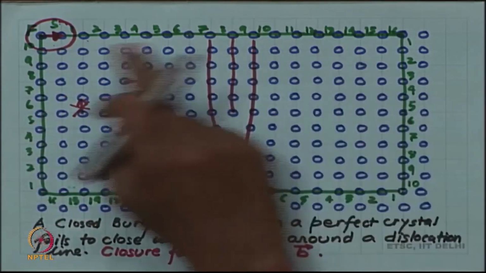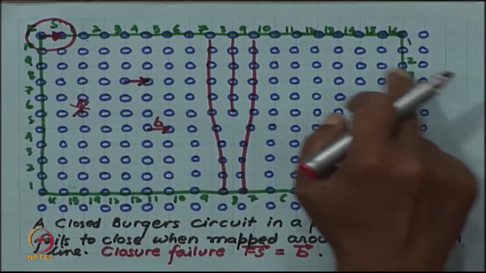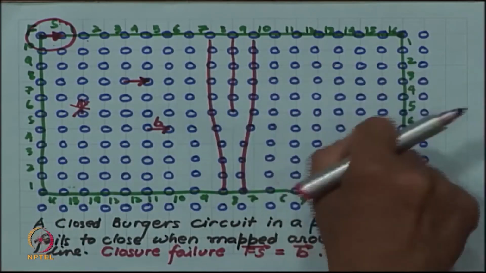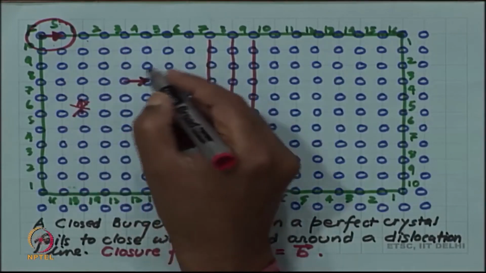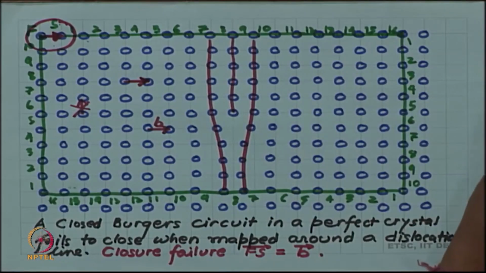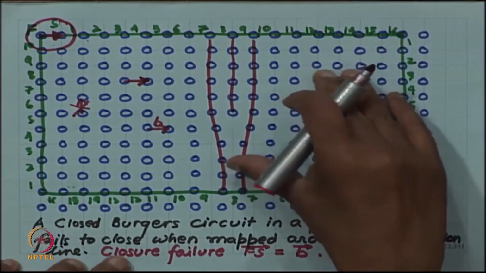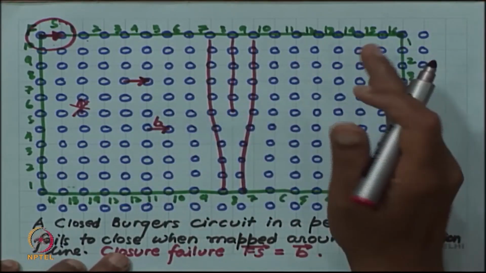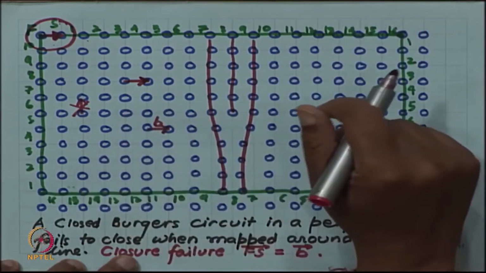Suppose I had taken my circuit not clockwise, but anti-clockwise. If I had started and gone all the way round in a different direction, anti-clockwise instead of clockwise, then I would have got a Burgers vector pointing in the opposite sense. So, the Burgers vector depends upon the way I define my circuit, whether I take a clockwise or an anti-clockwise circuit.